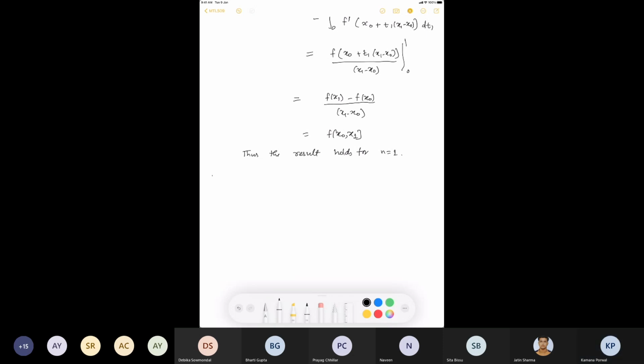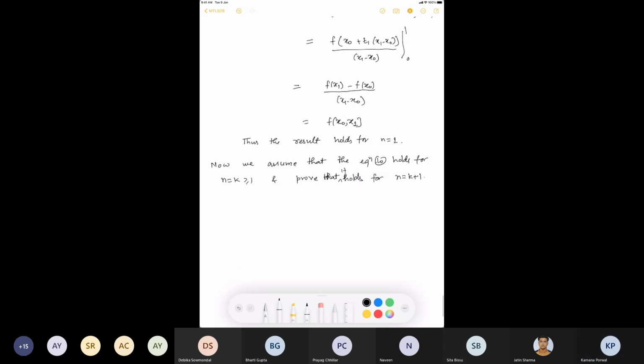So we assume that equation 10 holds for n equal to k, and prove that it holds for n equal to k plus 1.